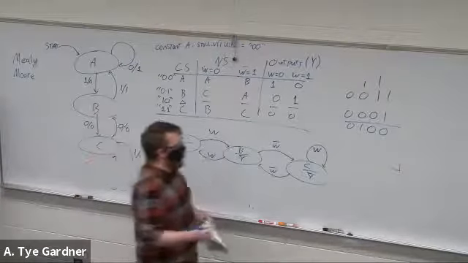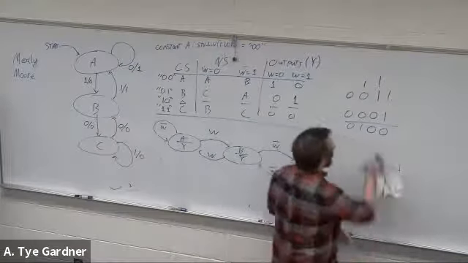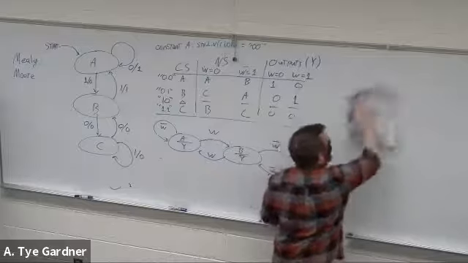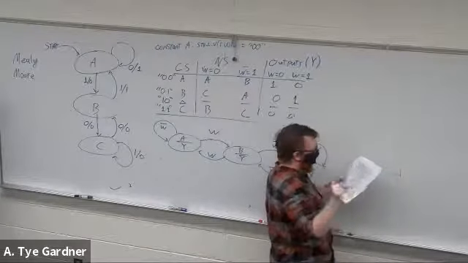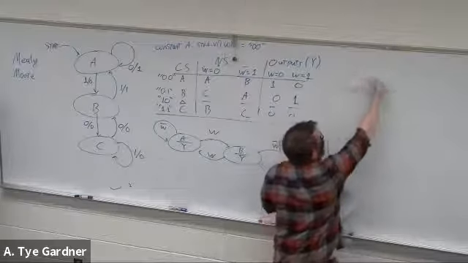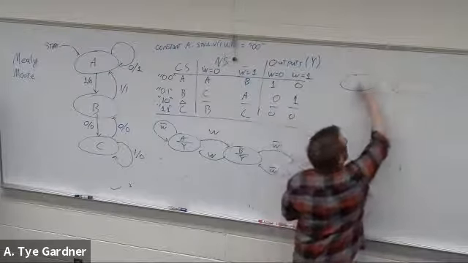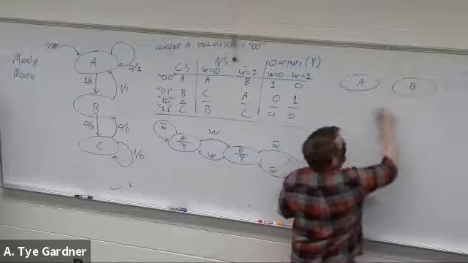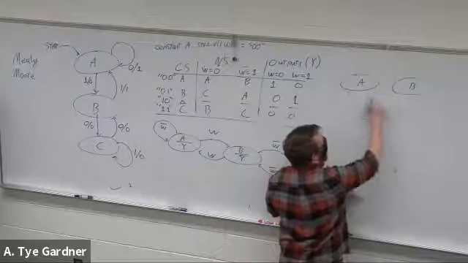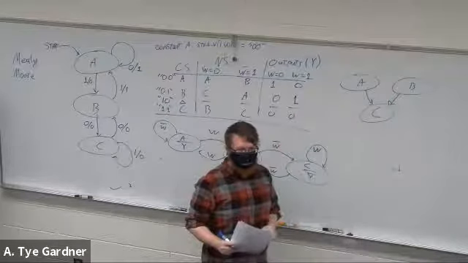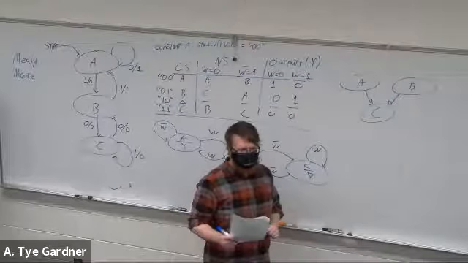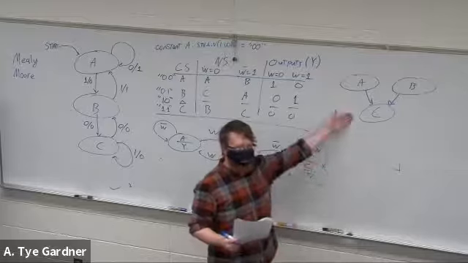So I'll illustrate these because they tend to be best illustrated. I'll say it again, states with a common next state should be adjacent. So if I had a situation where there was, say, state A, state B, and they could both go to C, A and B should be adjacent because they have a common next state.